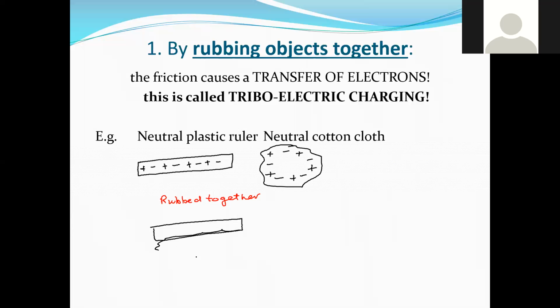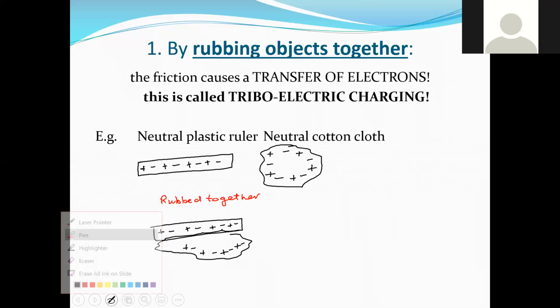So not all the electrons, but some of the electrons that are on the ruler will move to the cloth. Let me show you how we symbolize this. So the friction would cause some of the electrons to move onto the cloth.